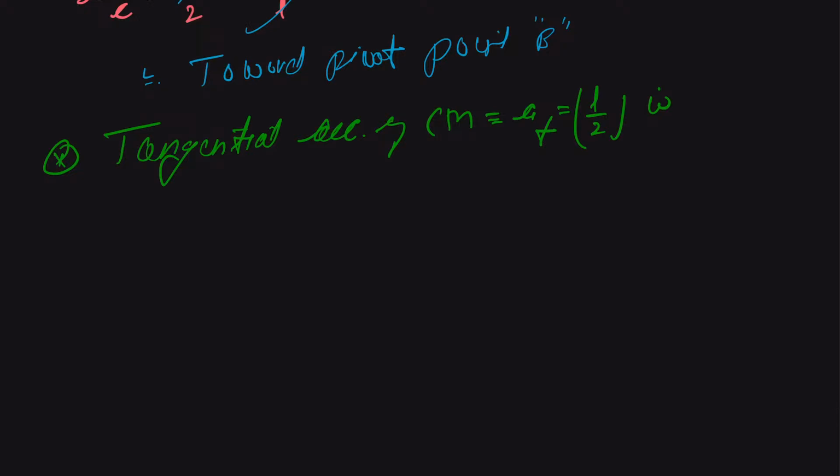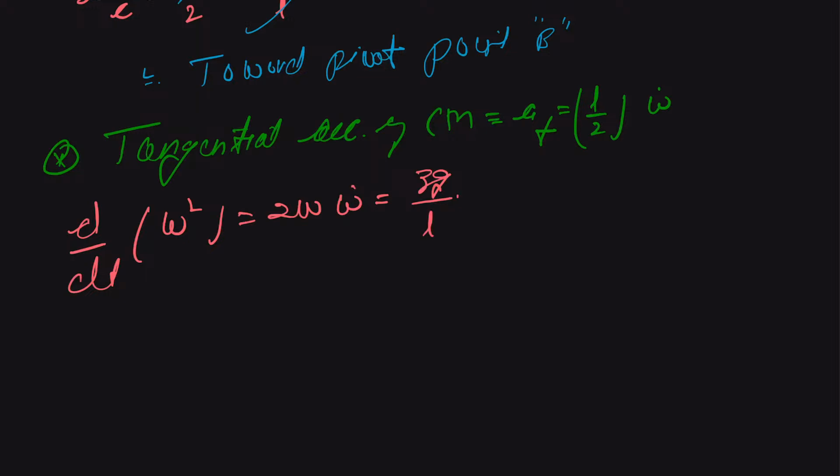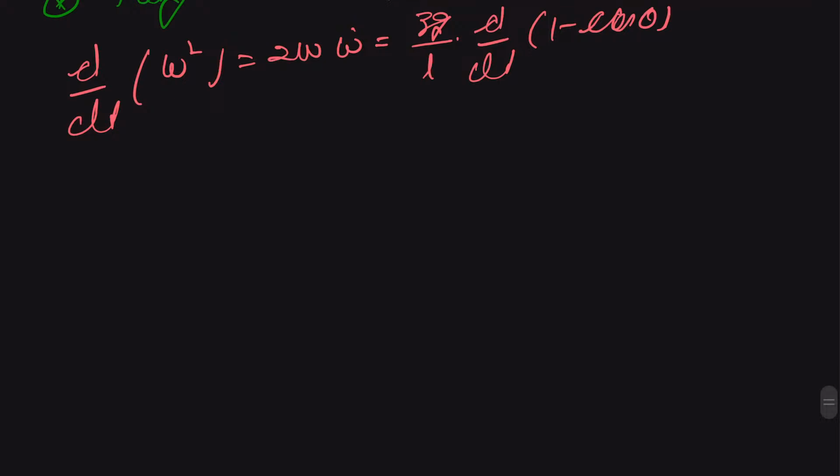The derivative of omega square will give us 2 omega dot, and 3G upon L will be constant, and this comes as d upon dt of 1 minus cos of theta.